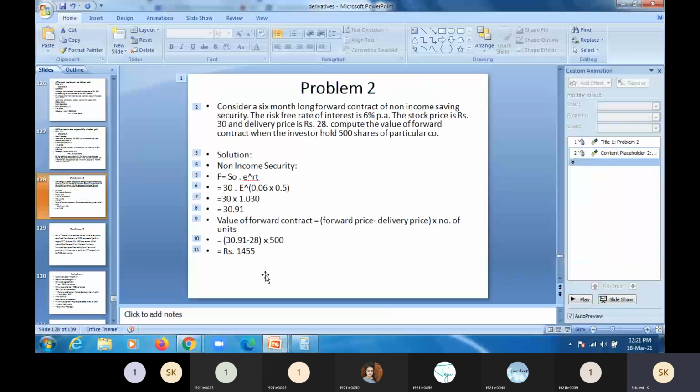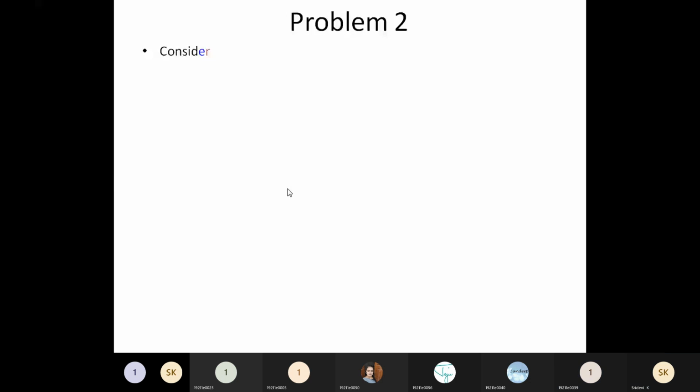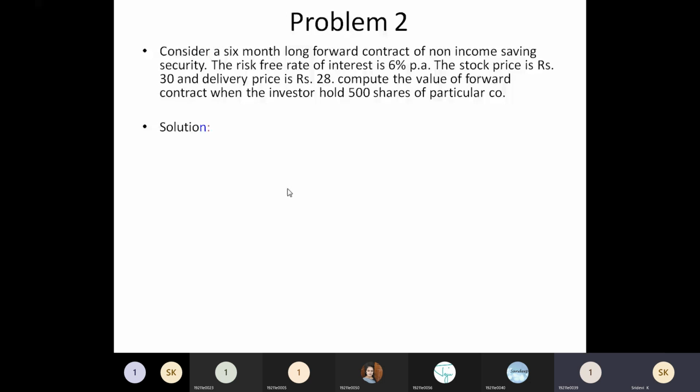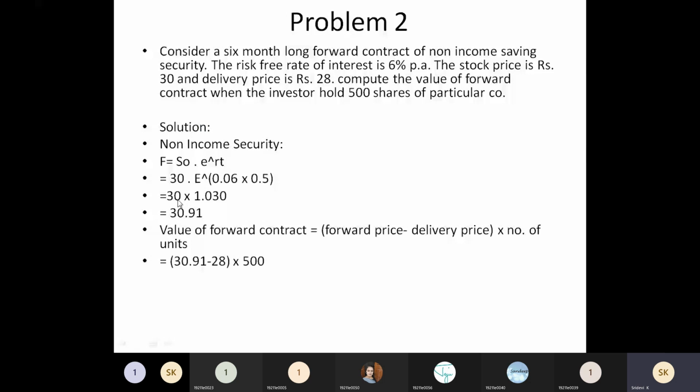So this problem. 1.0304 has come, right? That you have taken there, multiply it with 30 rupees, and you will get 30.91. Okay, and the question here is to compute the value of the forward contract when the investor holds 500 shares, right?